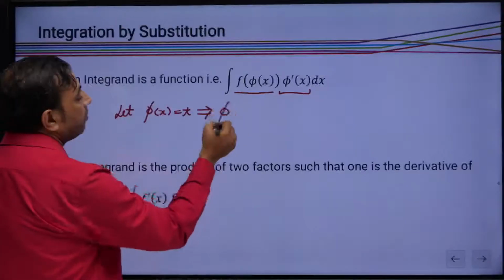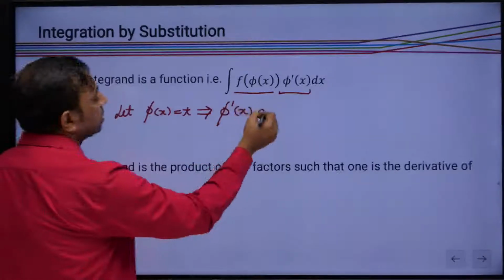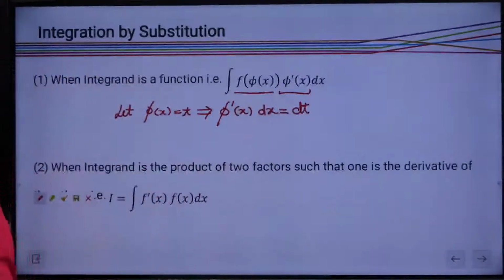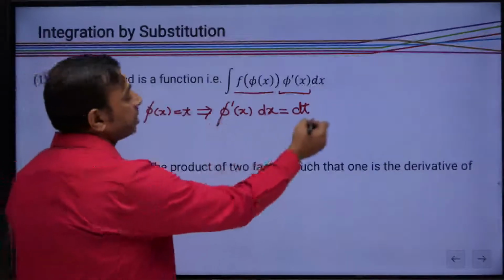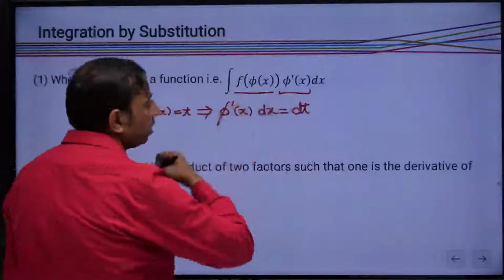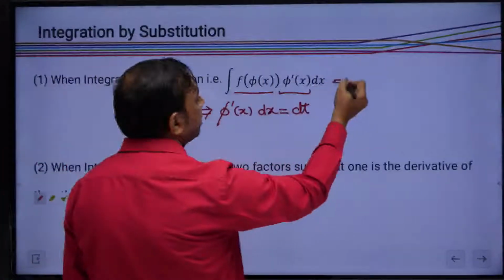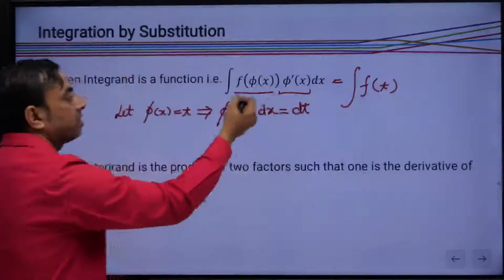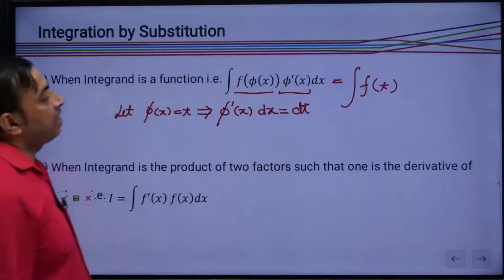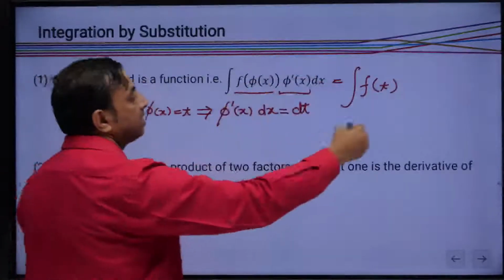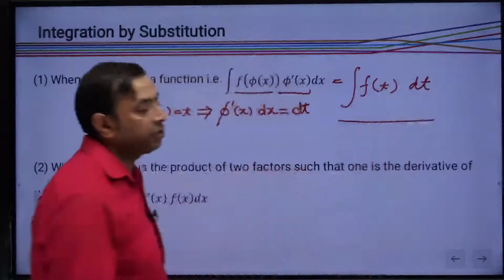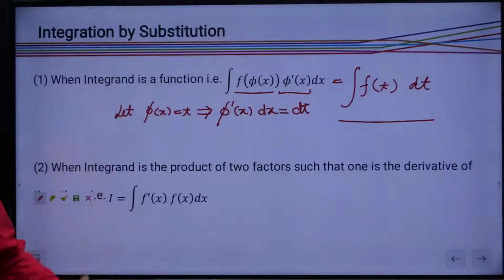We will receive phi dash x dx equal to dt. So by using these two substitutions, the function given here can be converted into a function of t, since we assumed phi x as t, and this phi dash x dx becomes my dt. So this is a simpler formation of the integration which we can try.